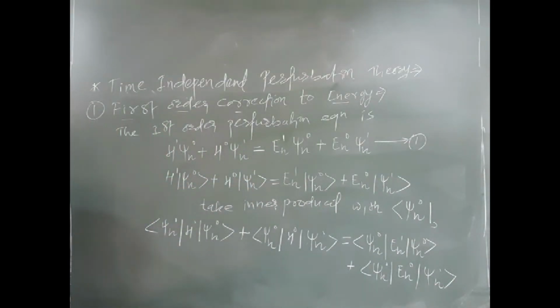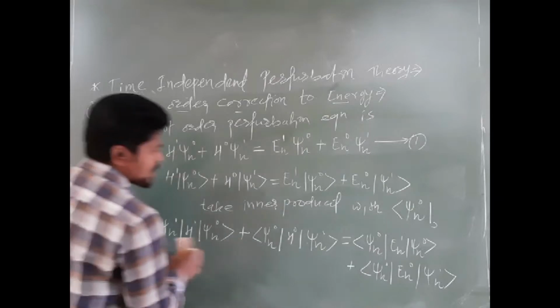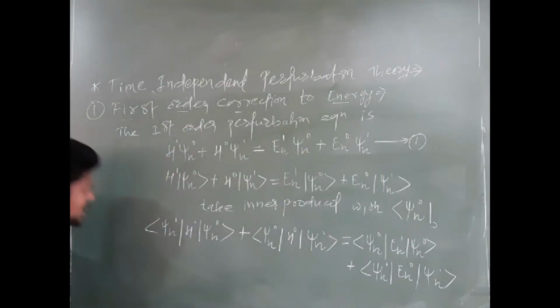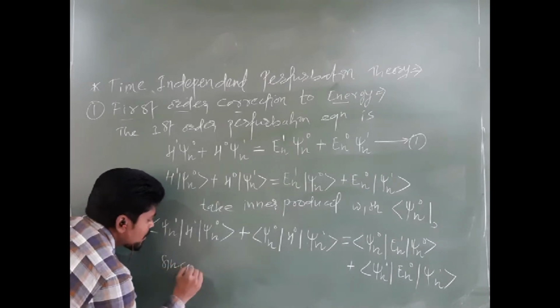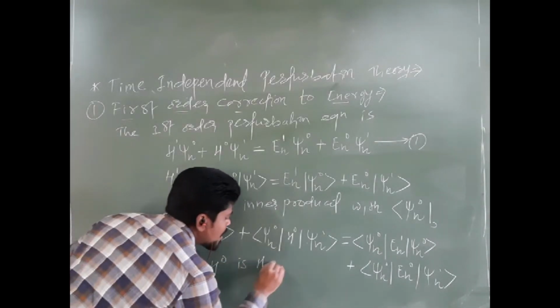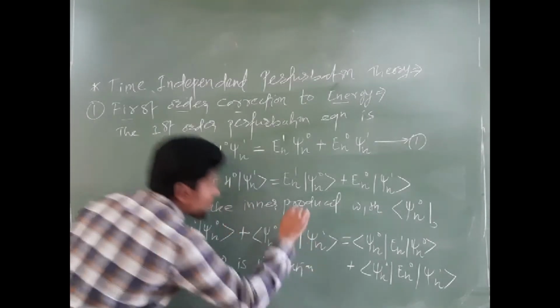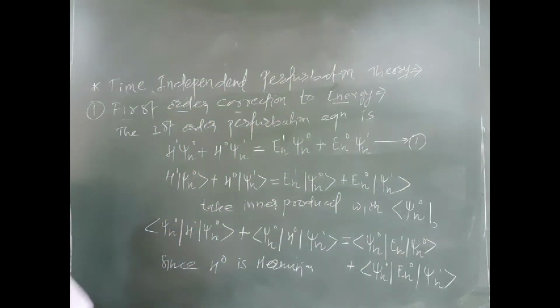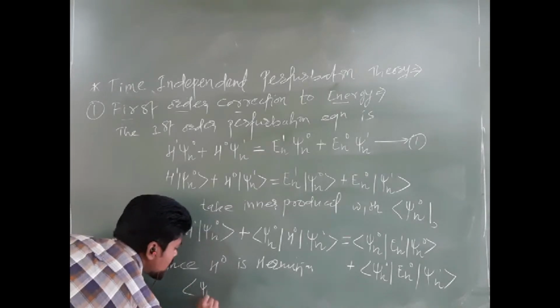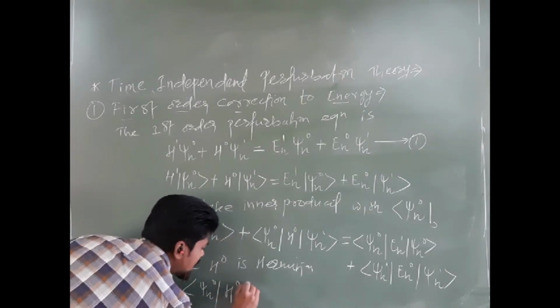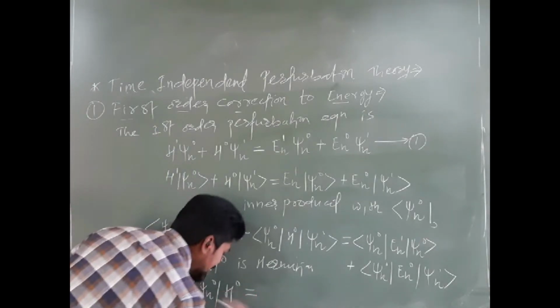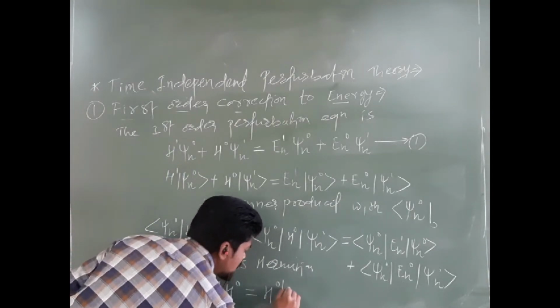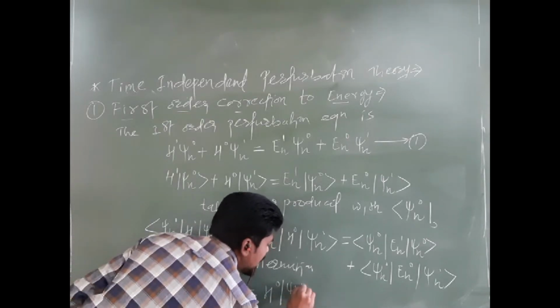Okay, but when this h naught is Hermitian, if h naught is Hermitian, then according to the rules of Hermitian operator, we can write this Bra notation of psi n naught h naught exactly equals to Ket notation of h naught into Ket notation of this term, that is psi n naught.